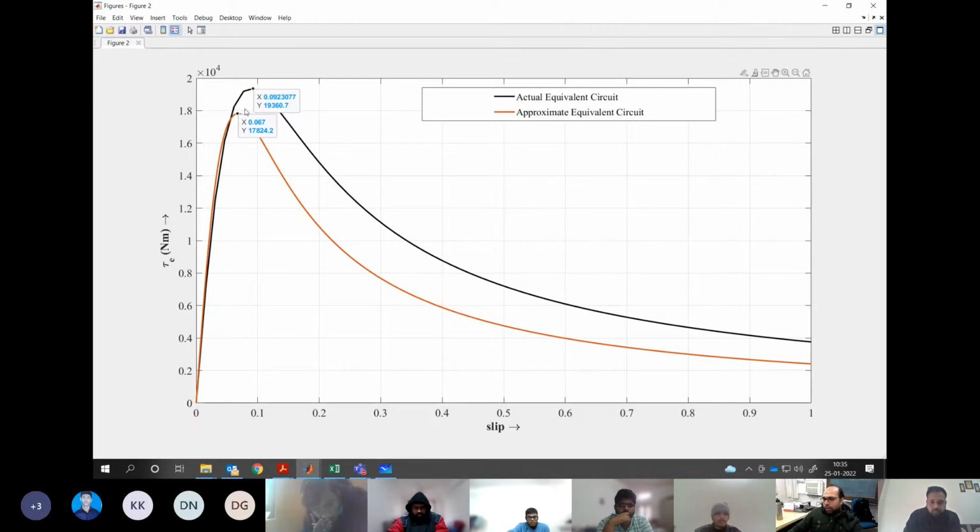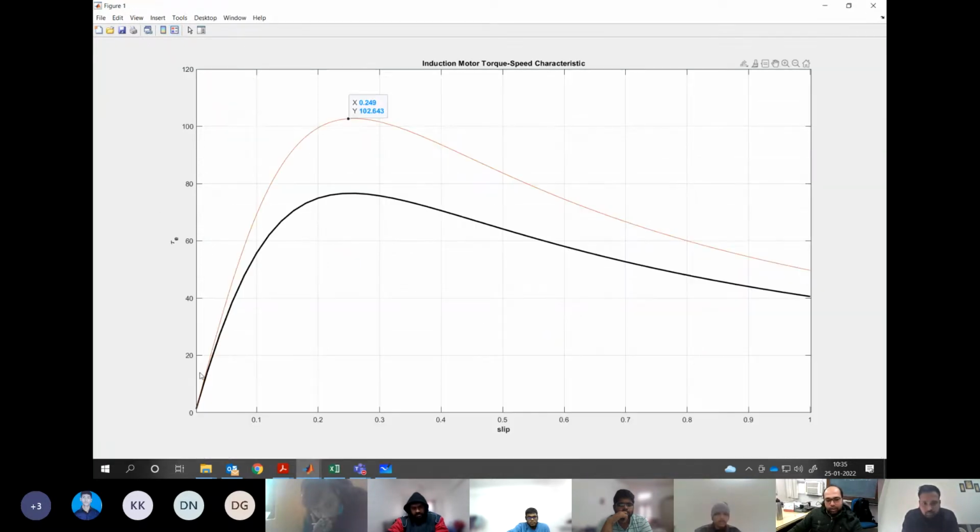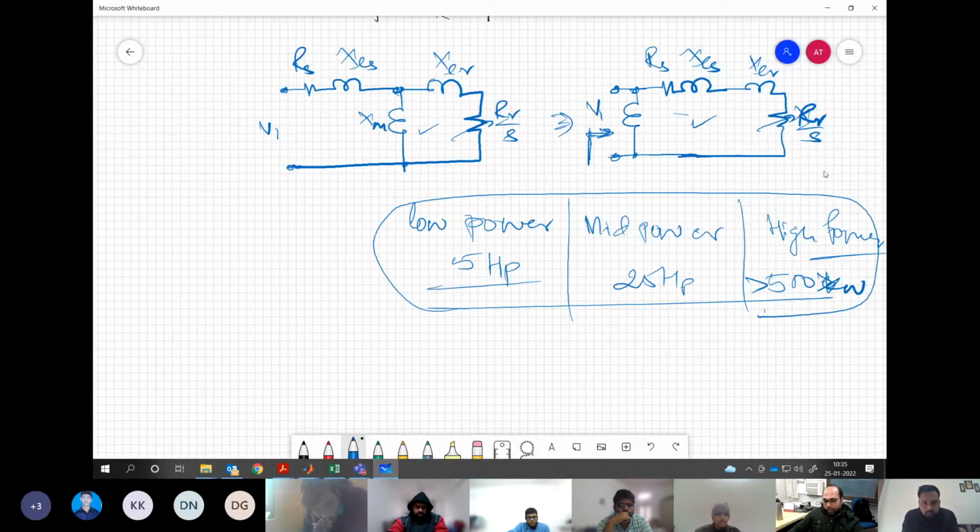Understanding my point? So for higher power motors, the approximation results in much better values, and for lower power motors, we definitely have a very good approximation for low slip operations. So when we proceed with this, we know that this approximate circuit gives us a lot of advantages because the computation becomes very simple.